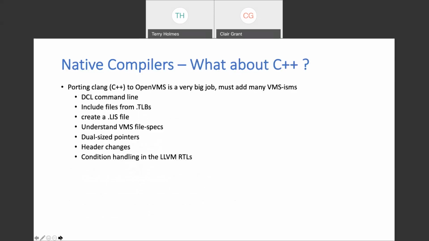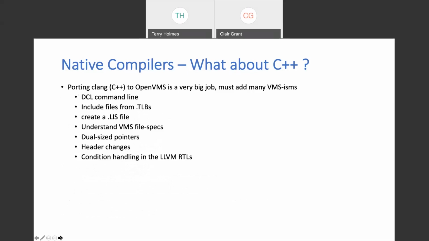Okay, C++ is different, as I described before. It, in and of itself, is a big job to port it to VMS. And here are a few of the reasons why. It needs to know about the command line.